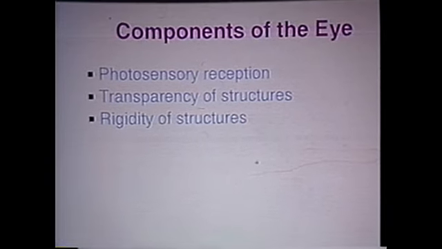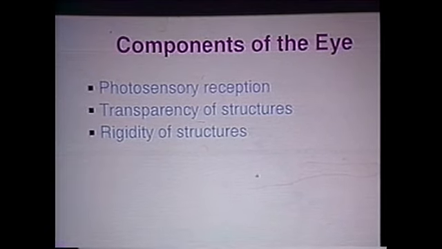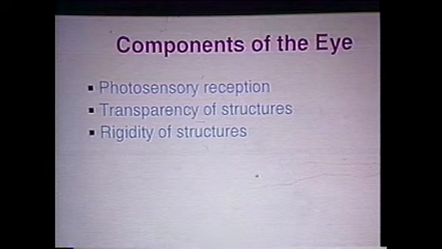And the components of the eye which give rise to this function can be divided into three parts. There's the part of the organ under which the photosensory reception takes place, the retina. There are also transparent structures. The eye requires transparent structures to function properly.